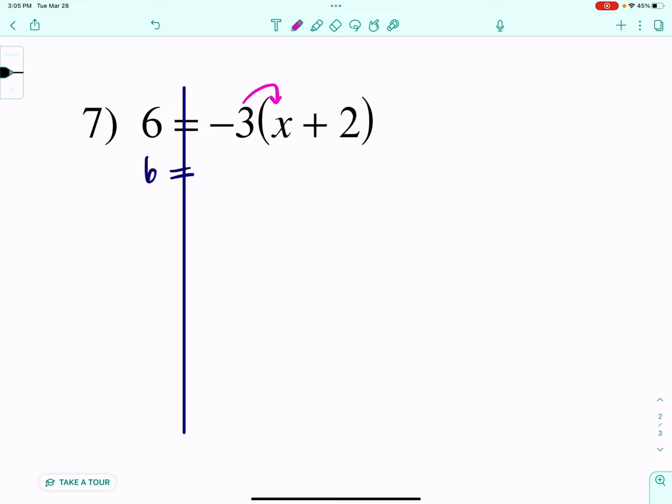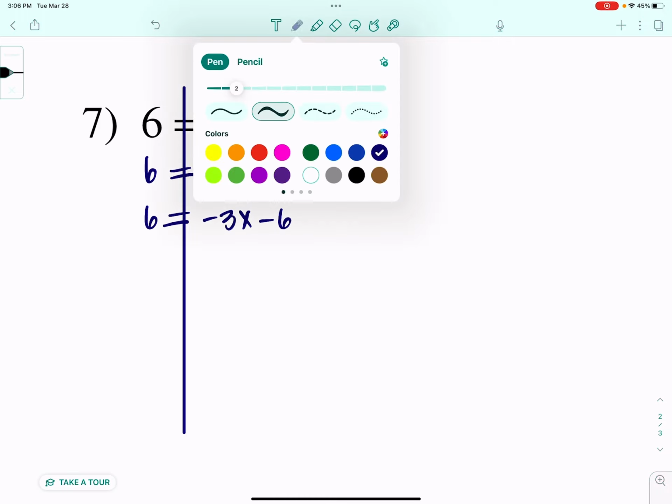So to do that, I'm going to do -3 times x and -3 times 2. I'm going to simplify a little bit. So I'm left with -3x minus 6.